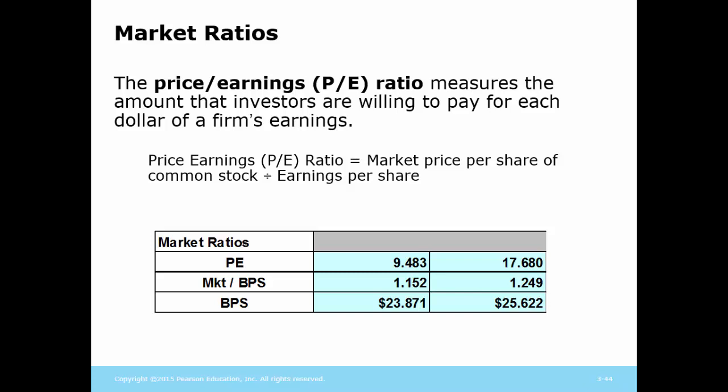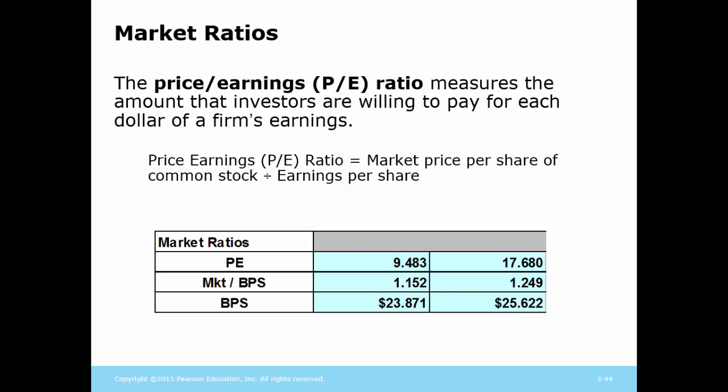So what are shareholders willing to pay to get $1 of earnings? And as you can see here, from this year to last year, the increase is substantial, almost double the value. So shareholders are saying that they think that this company has essentially doubled in its value. Its profits have doubled in their worth to them since last year.